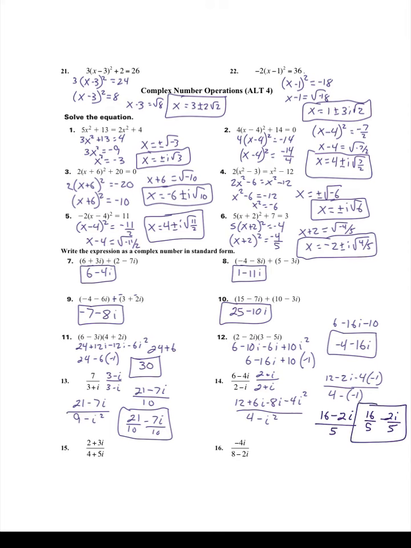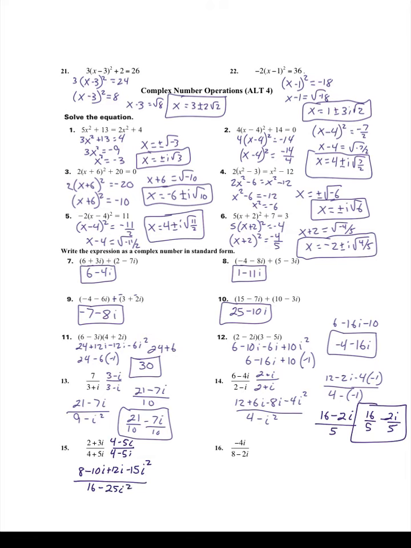For number 15, we're going to multiply by 4 minus 5i. That gives us 8 minus 10i plus 12i minus 15i squared. On the bottom, we get 16 minus 25i squared. So that will become +25.